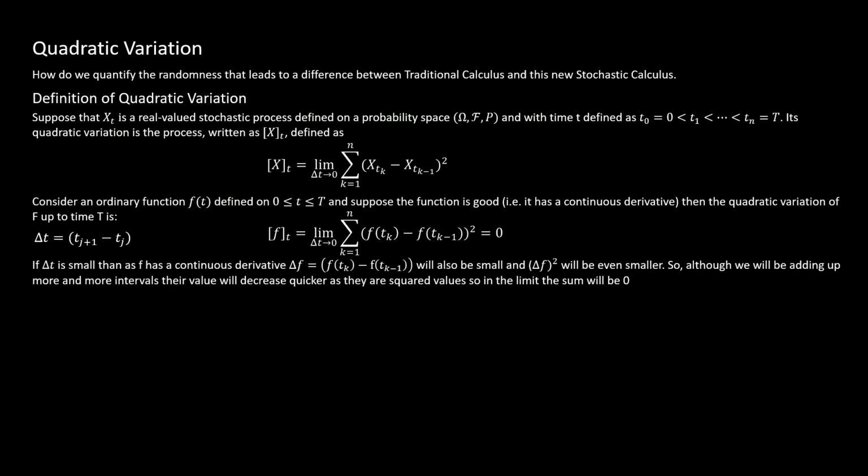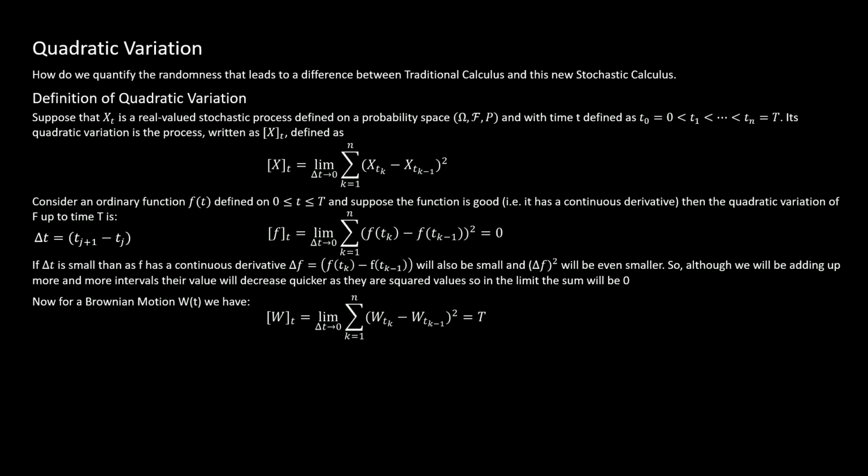However, for quadratic variation of Brownian motion, this will be different. As in the previous example, we see how as we made t smaller and smaller, the randomness in the random variables made it so that the values of our stochastic process did not become as small as the t.